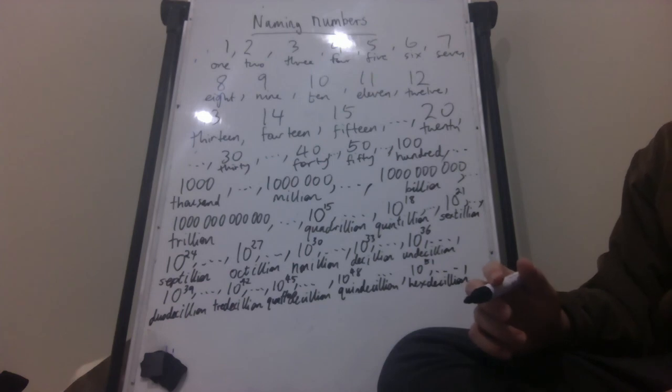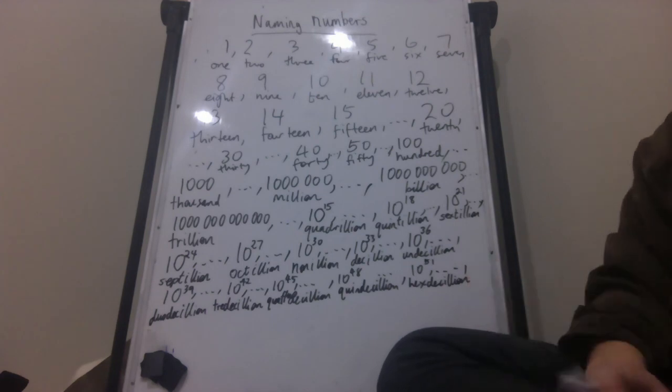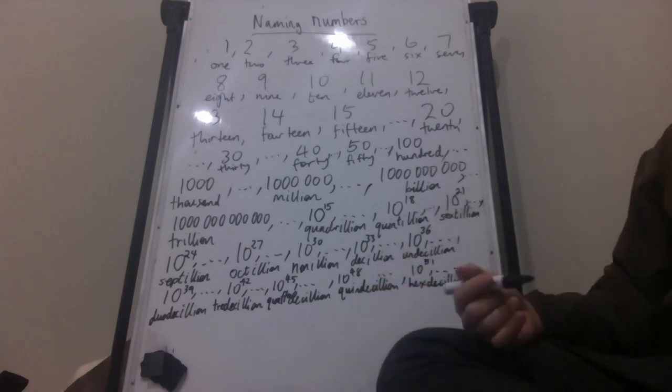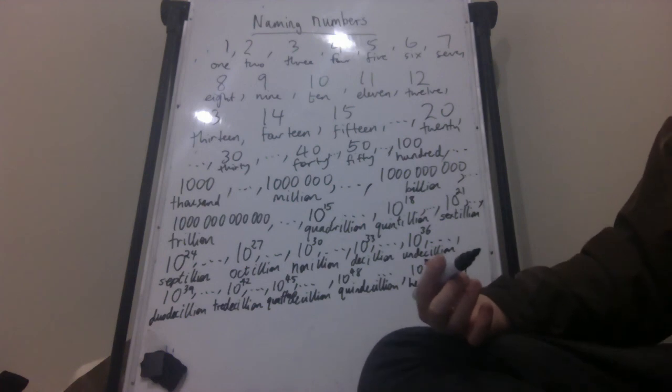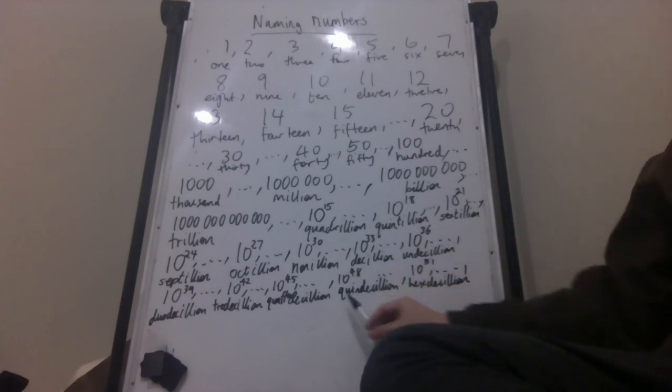So the 48 zeros means 5, I guess. And then the hex means 6, so it's hexadecillion. Because 15 times 3 is 45, and 45 plus 3 is 48, right?